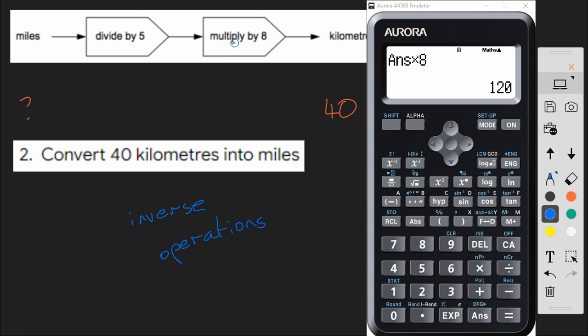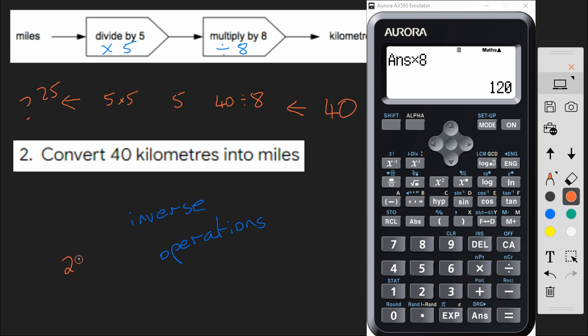So the inverse of multiplying by 8 is to divide by 8, and the inverse of dividing by 8 is multiplying by 8. So we're going to divide by 8, so 40 divided by 8 is 5. 5 times 5, out comes the answer 25.